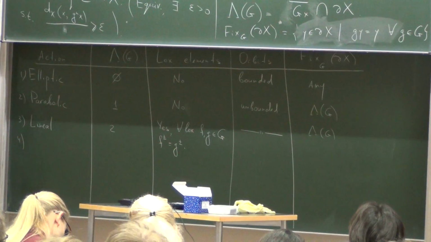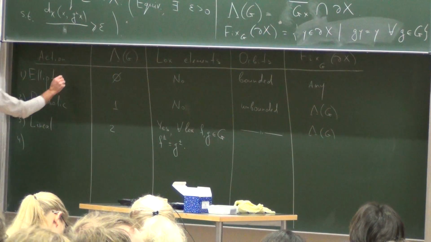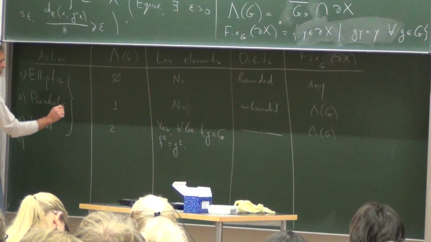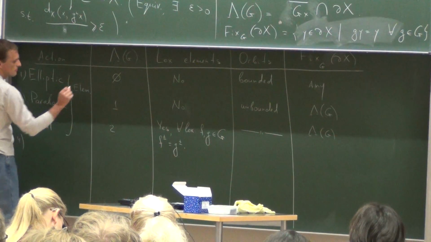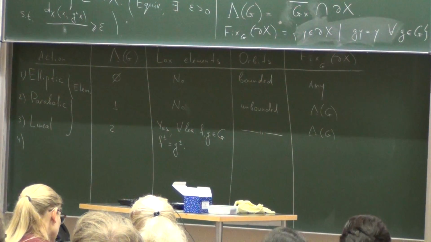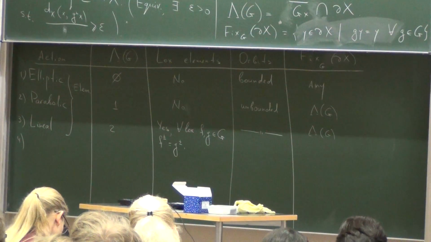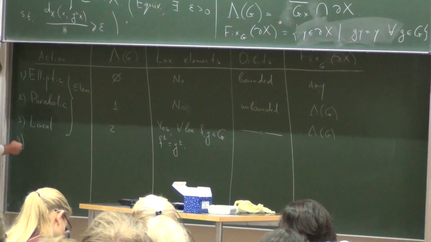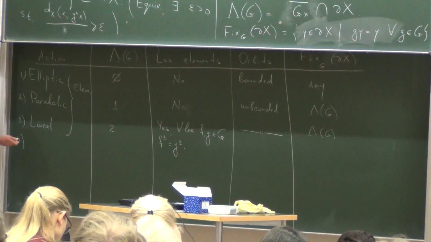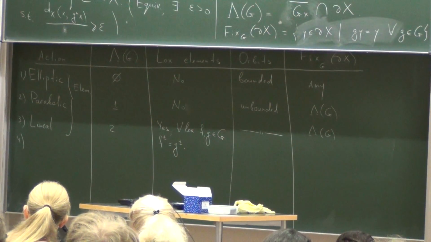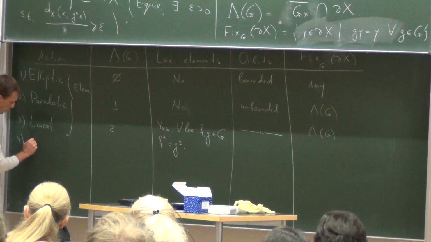Number 4, now these 3 types of actions are called elementary. Now the next 2 types of actions are called non-elementary. So this action number 4, the non-elementary action, splits into 2 types. First is called quasi-parabolic.